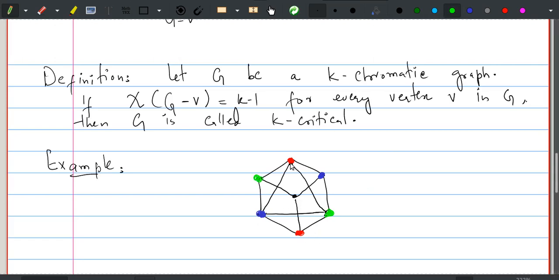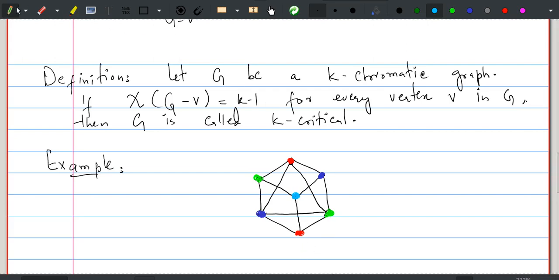So one can note here it's a 3 cycle, so 3 colors are to be used. This is again a 3 cycle, and this is also a 3 cycle. Now this vertex is the remaining vertex, so let us paint this vertex with cyan color. So its chromatic number is 4.